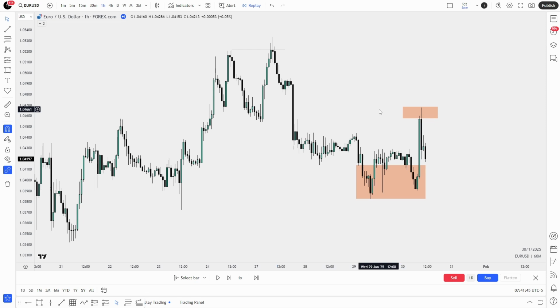Now, you don't have to catch this short, but if you understand the logic of people bought down here and actual smart money sold up here, why did we sell? Because below these lows, people are going to be taking profit. Because where are the stop losses of those that bought here?